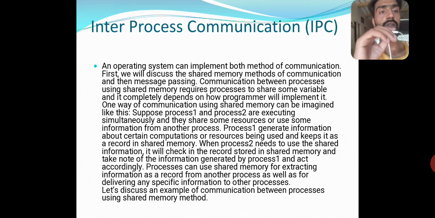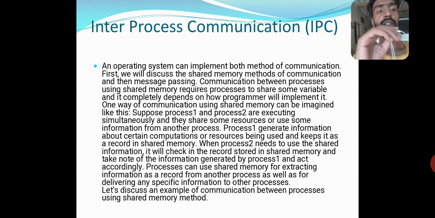Suppose process 1 and process 2 are executing simultaneously and they share some resources or use some information from another process. Process 1 generates information about a certain computation or resource being used and keeps a record in shared memory.